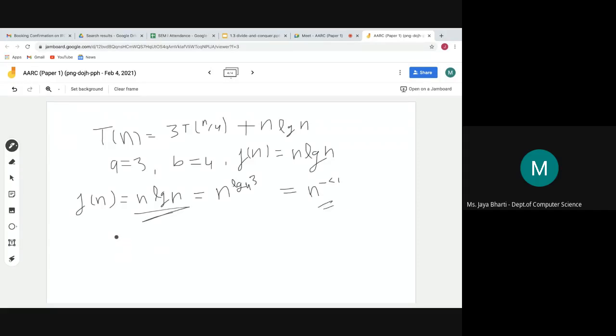So this is also the third case. Toh jo bhi hamara large part hoga that will be the answer. So in this case the answer for third case is theta of f of n, which is theta of n log n.